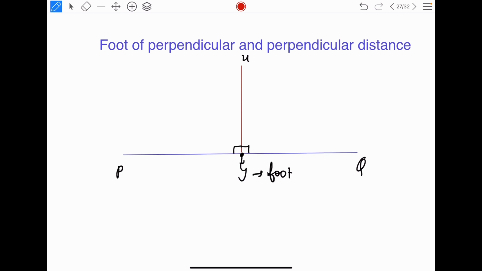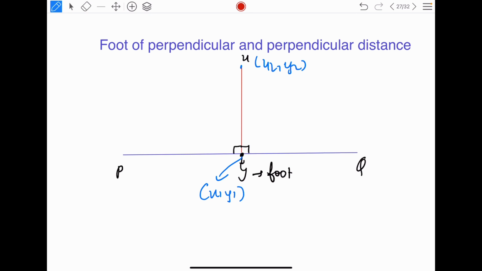What I have to do here in this concept is I have to find the coordinates of this foot of perpendicular, number one, and second I have to find the perpendicular distance. How to find the coordinates we'll understand, but just before, tell me, suppose I take the coordinates of this foot of perpendicular as x1 and y1, how do you get the perpendicular distance? And suppose this point is x2 and y2.